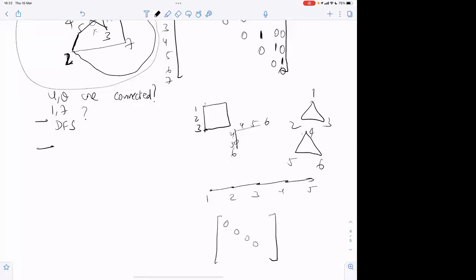These will be 0 and these will be 1. Correct? Am I correct? These are all 0. And I have not drawn it, but it's a symmetric graph, so there are entries below as well. Correct?